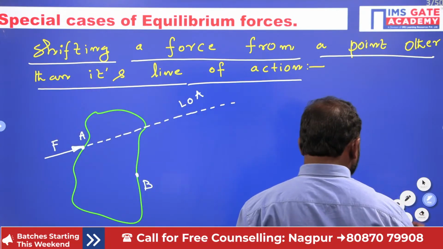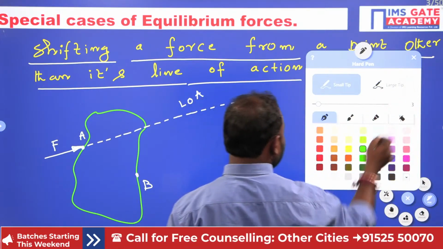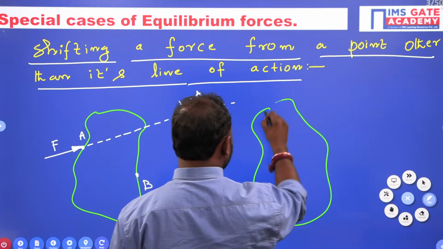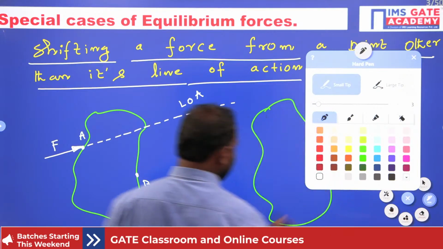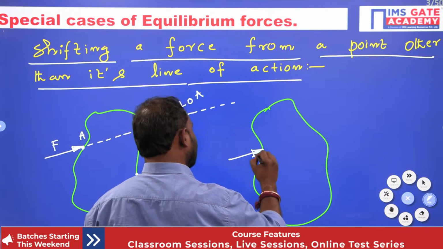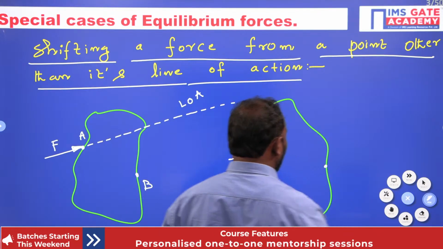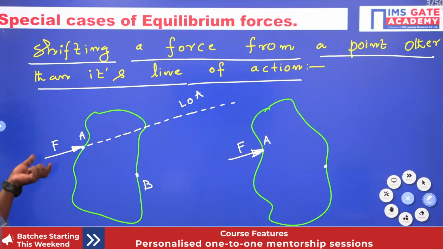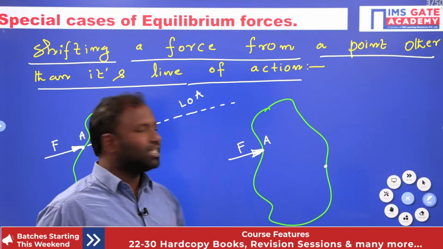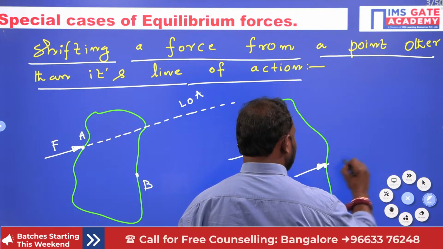It is very simple. Again I take the same body, with my force F, and now consider point B. I use two forces which are equal in magnitude and opposite in direction at B, that is force F also.